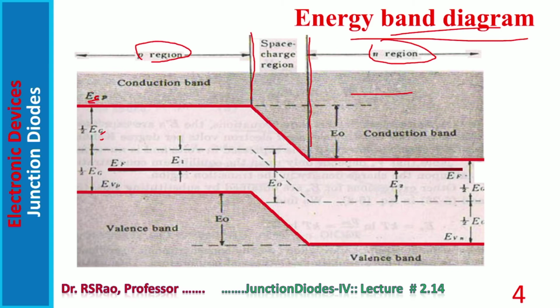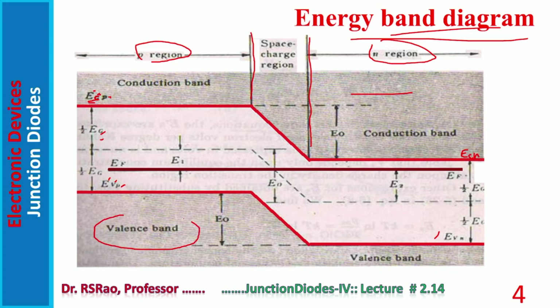ECP: E stands for energy, C stands for conduction band, P stands for P side. Similarly, you can see EVP, energy, valence band, P side. Similarly, here EVN, energy level of valence band on the N side. Similarly, this energy level can be designated as ECN, energy level of conduction band on the N side.